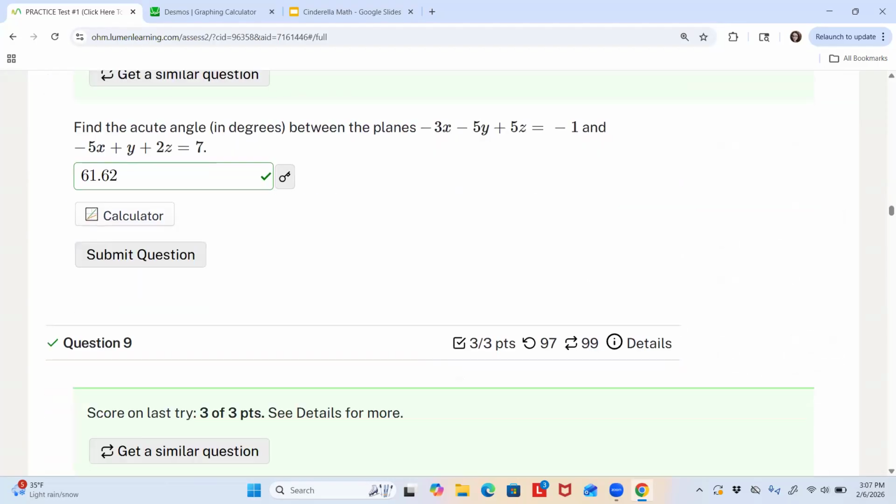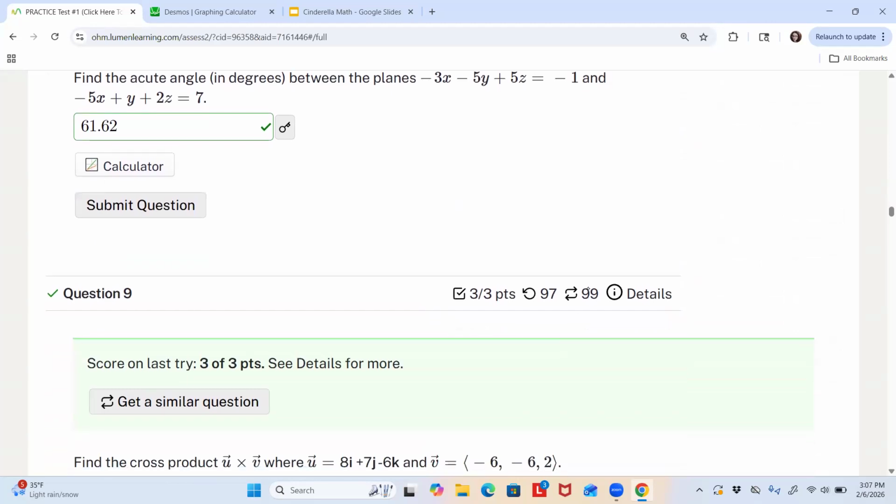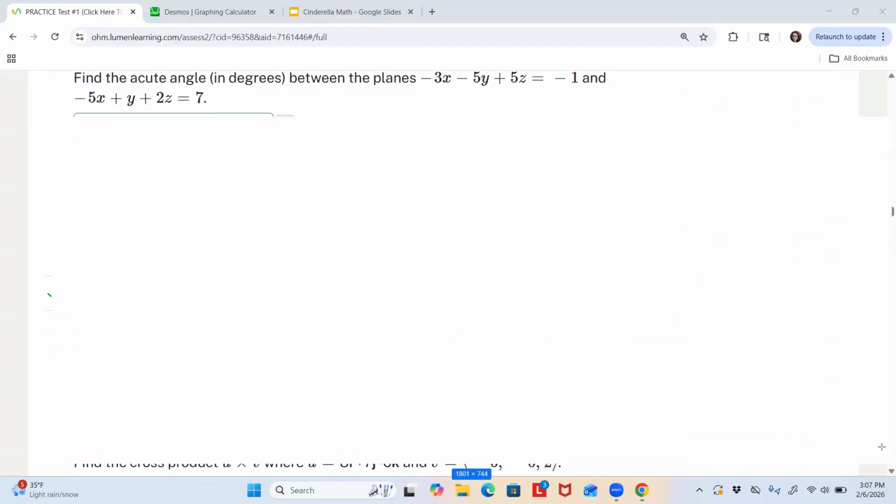Number 8. Find the acute angle in degrees, so flip your calculators to degrees, between these two planes. All right, I did have to kind of watch a video on this one to understand the process. It's annoying for sure. Number 8. So the angle, here's a formula that you will want.